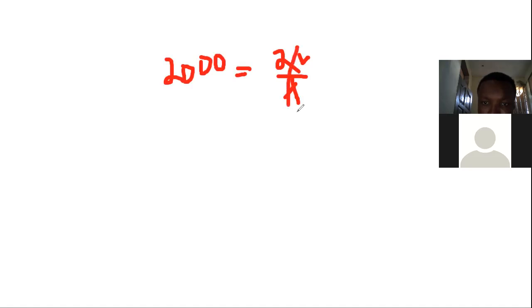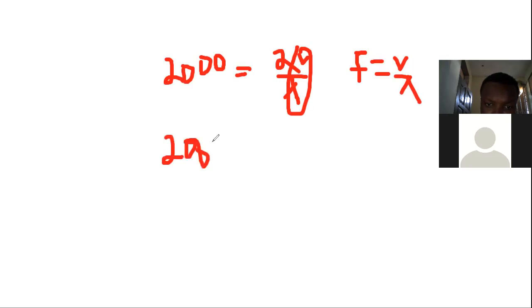You already solved. So you realize that we had something like 2 all over this, and when I was solving it, all over this is equal to 2,000. We had this, and I told you that the whole of this stands for frequency because frequency can also be equal to V all over this. So in other words, you can say that 2,000 is equal to 2f, where f is the frequency.